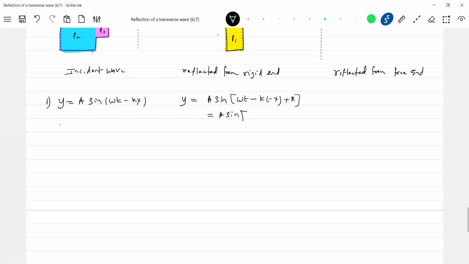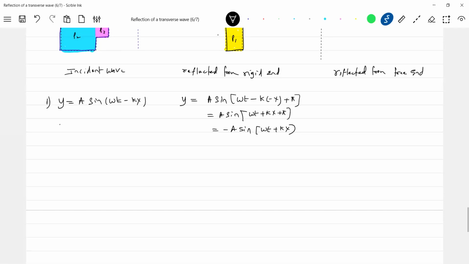If you solve further, sine of theta plus pi will be minus sine theta. This is the wave equation when reflected from the rigid end.